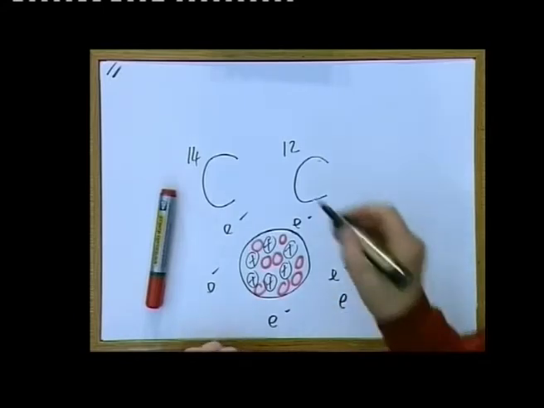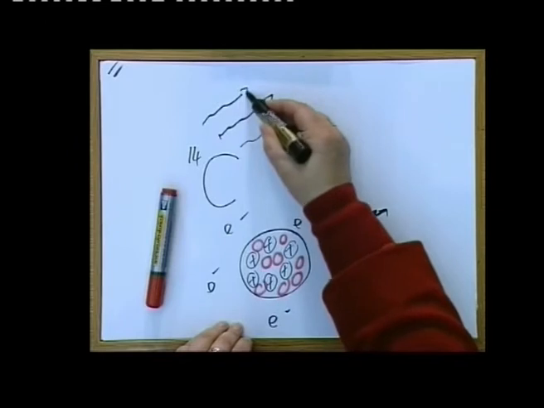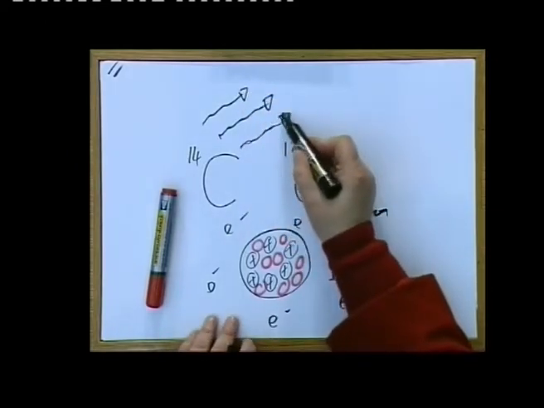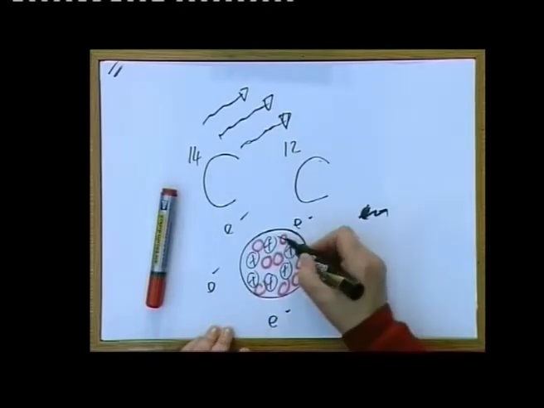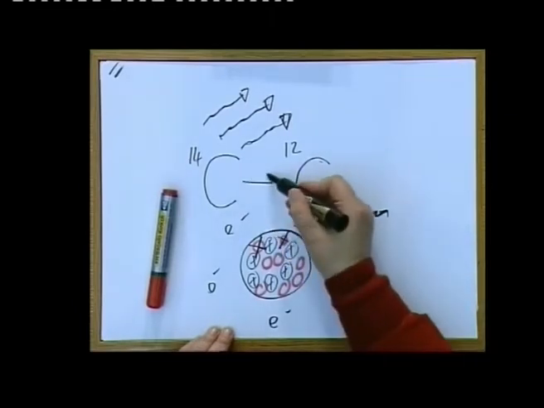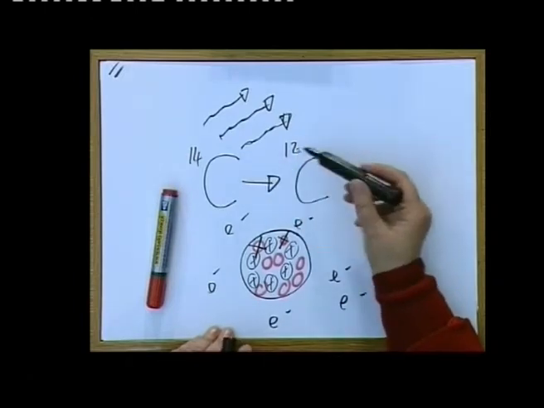Carbon-14 will emit radioactive radiation, and radioactive radiation actually changes the structure of the nucleus and gets rid of 2 of these neutrons, so that you won't have 14 nuclear particles, but only 12.